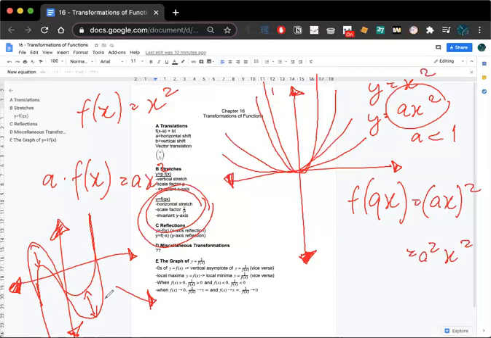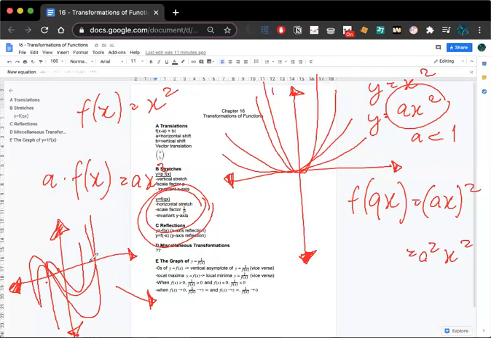It stretches vertically, while the horizontal stretch would make the graph look flatter, like this.